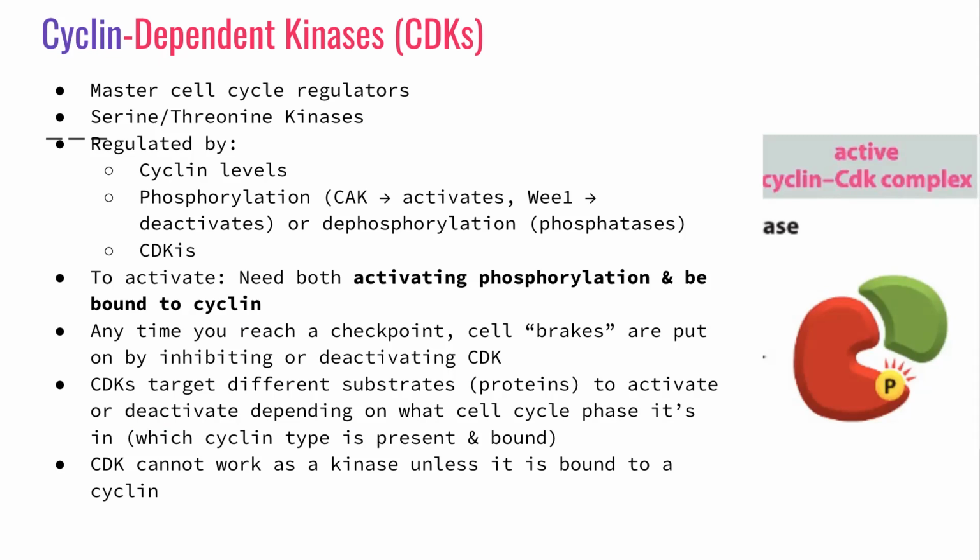CDKs target different substrates throughout the cell cycle, depending on the phase it's in. Depending on the phase, a different cyclin will be expressed that causes that substrate specificity change. And again, CDK cannot work as a kinase unless it is bound to cyclin.